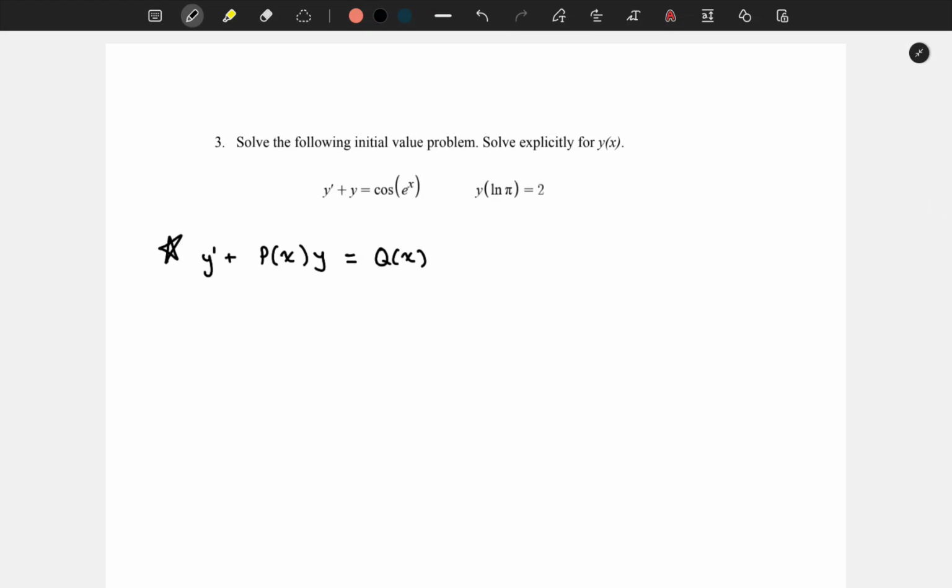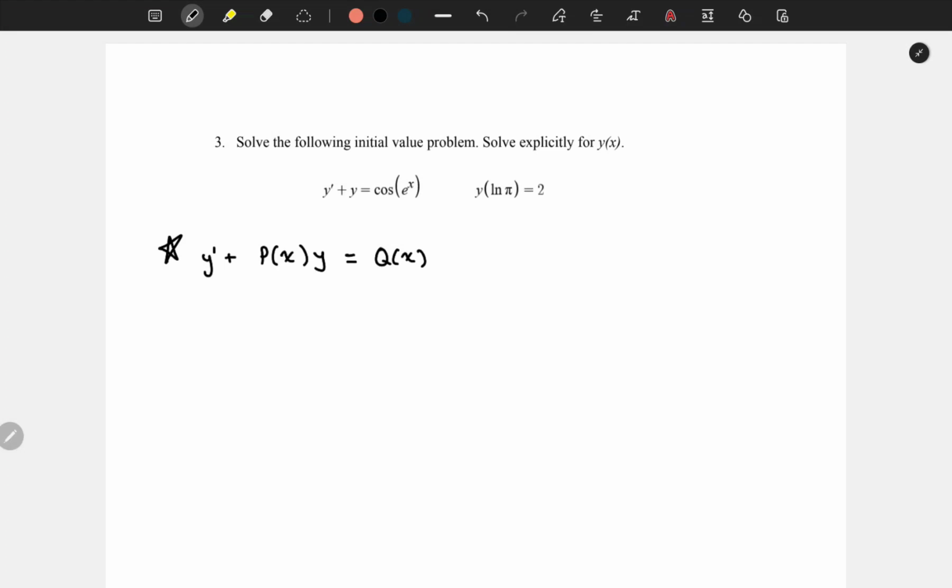It depends on what textbook you're using, but this is basically the gist of the formula. You could instead put g of x, and for q of x you could put h of x, but generally this is essentially what it is. The notation doesn't really matter too much.